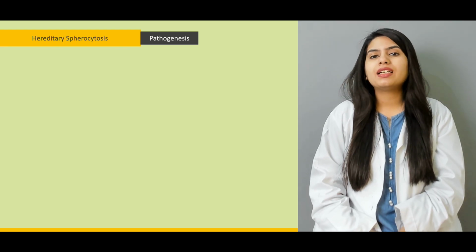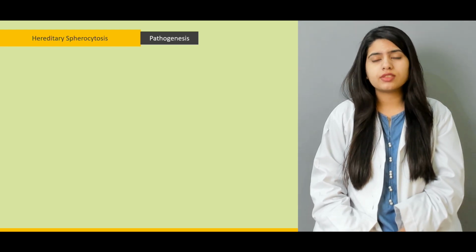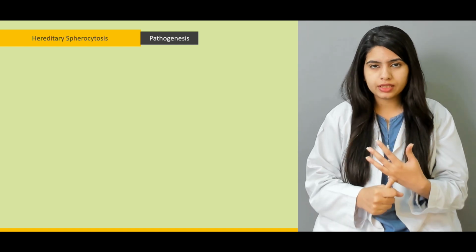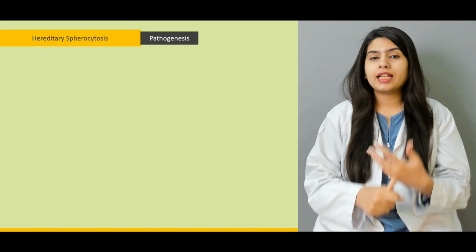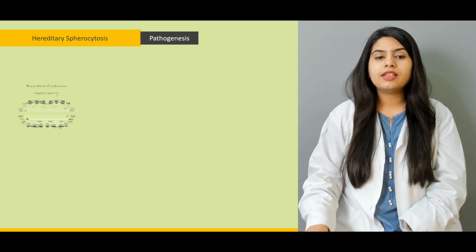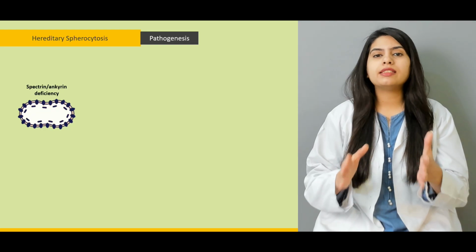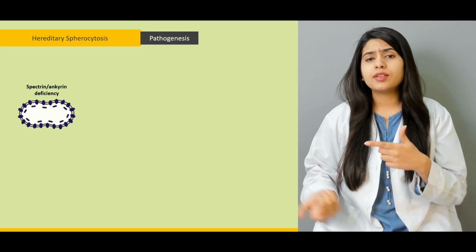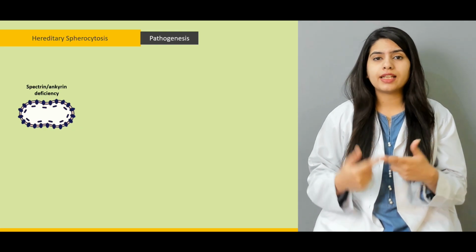So what basically happens in spherocytosis? In spherocytosis, there is a deficiency in the proteins that are part of the erythrocyte cell membrane cytoskeleton. Mostly there is a deficiency of spectrin along with another protein present in the cytoskeleton.